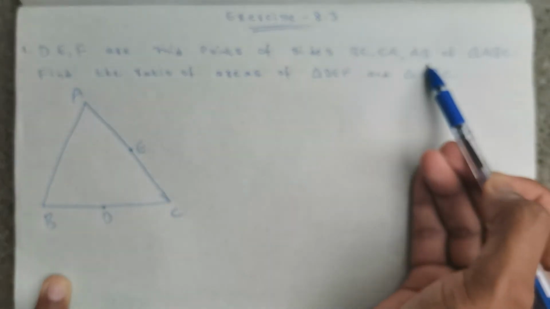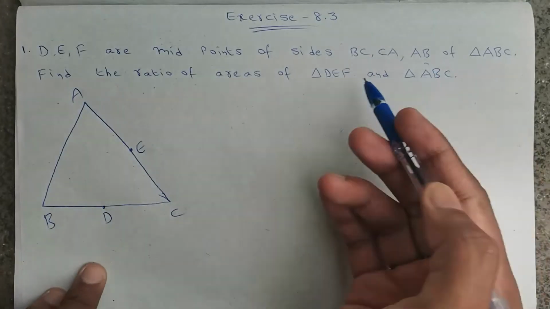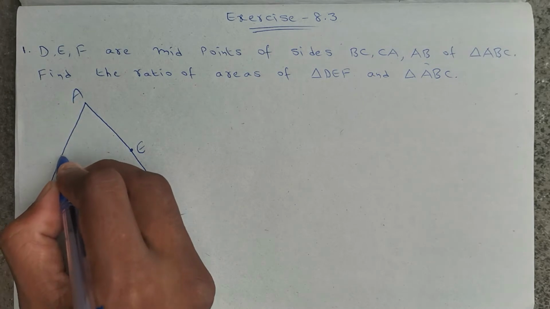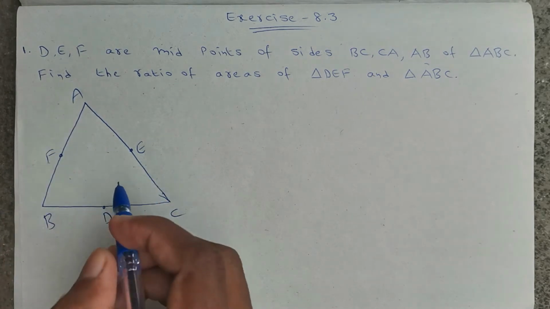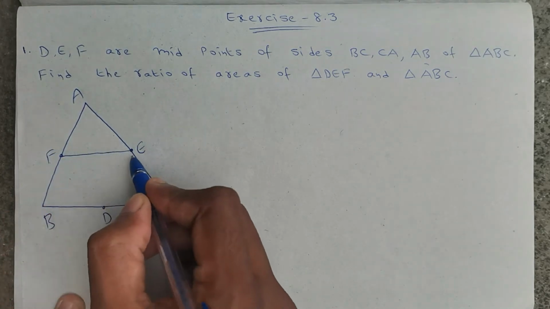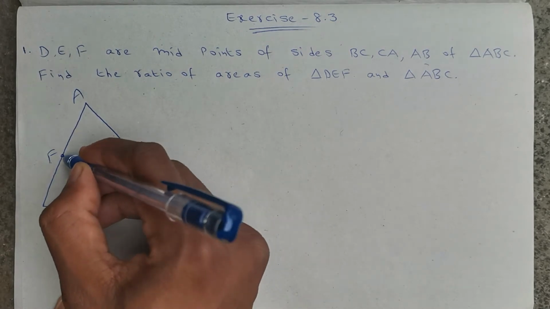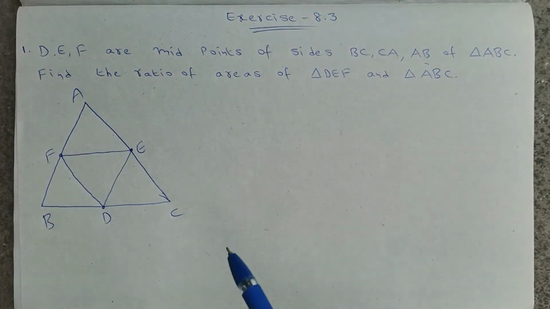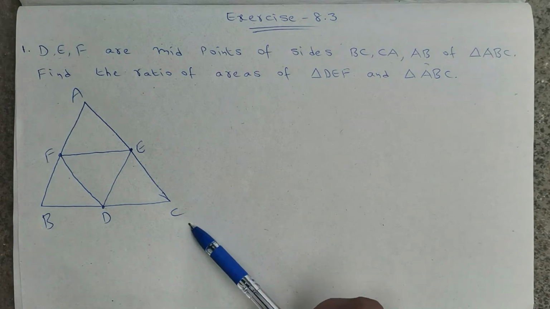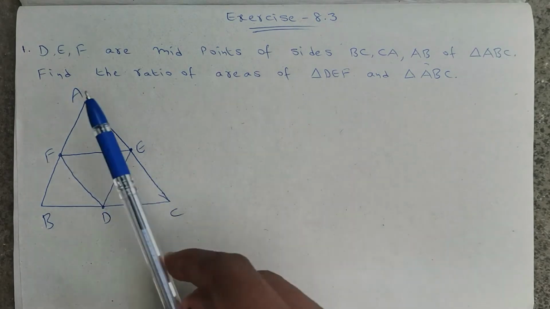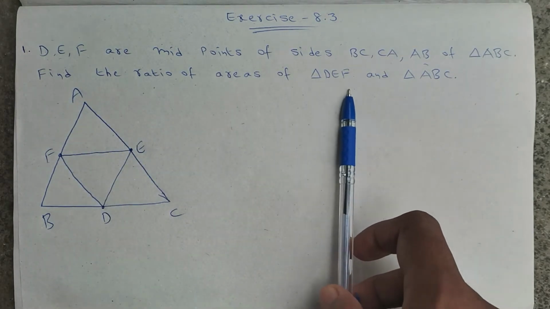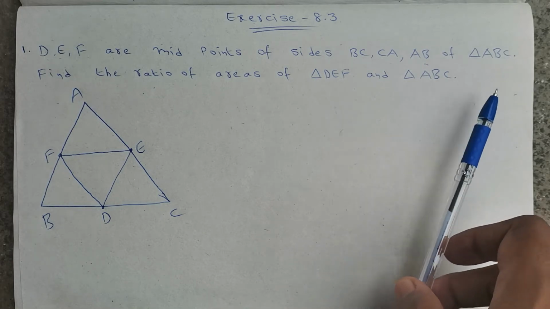F is the midpoint of AB. If we join all these midpoints, we will get one more triangle: a bigger triangle ABC and a smaller triangle DEF. Then find the ratio of areas of triangle DEF and triangle ABC.